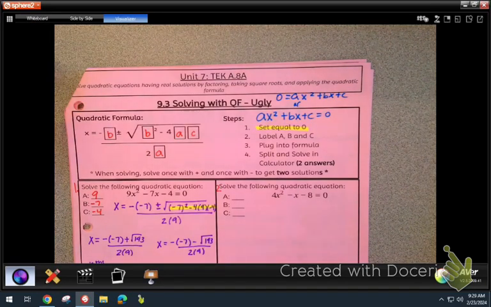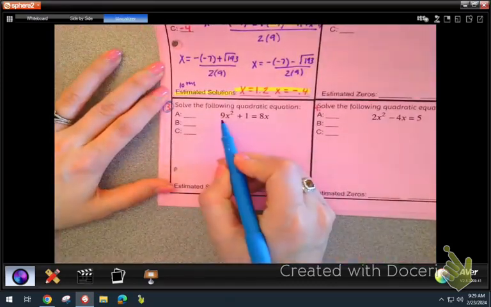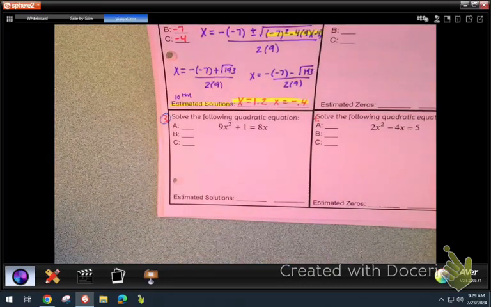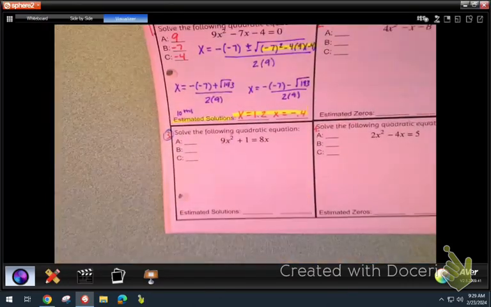Okay? So let's look at number 3 real quick right here. 9x squared plus 1 equals 8x. Are we equal to 0? Nope. We have to make it equal to 0, though. You have options. You can move 2 things over or 1 thing over. What's easier? One thing.